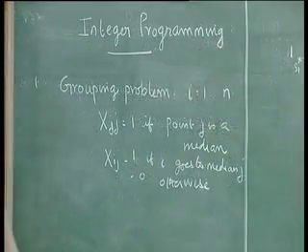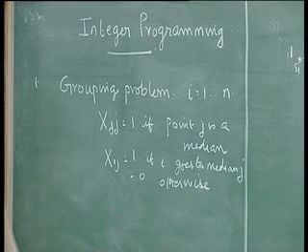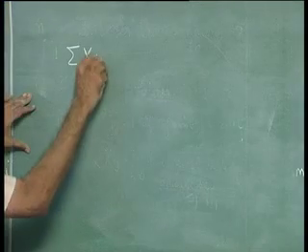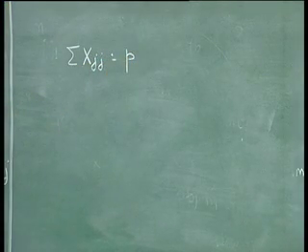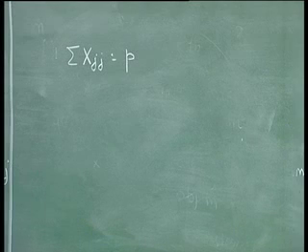And the formulation will look like this. This is under the assumption that I know p, the number of groups that I want. So my first constraint will be sigma xjj equal to p. So 2 out of the 5 will take 1 and the remaining 3 will take 0. Now whichever j is a median, xjj will be 1, and if it is not a median then it will be 0.